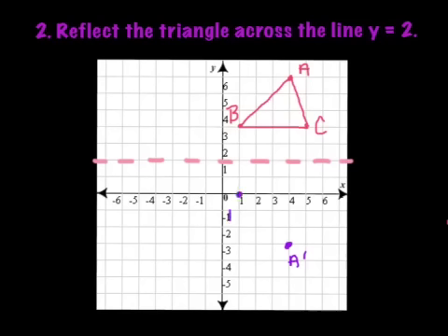So B prime will be 2 units away. And then C is 2 units away from the reflection line. So 2 units here. This would be C prime. And connect your points. And you have a reflection of triangle ABC. I want to go ahead and write y equals 2 here so you remember that was the reflection line.